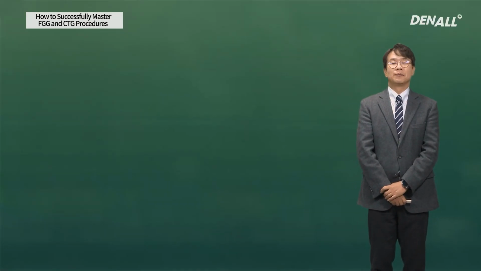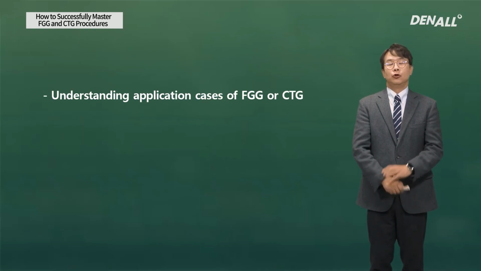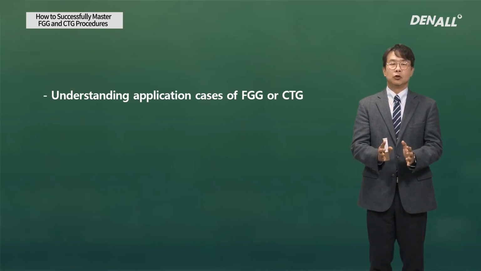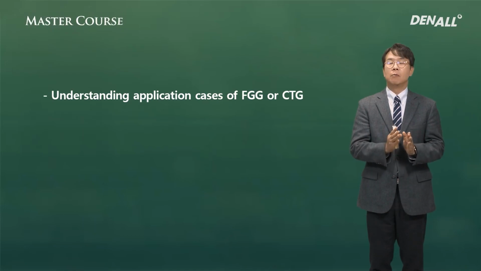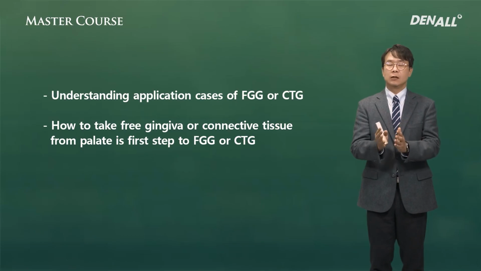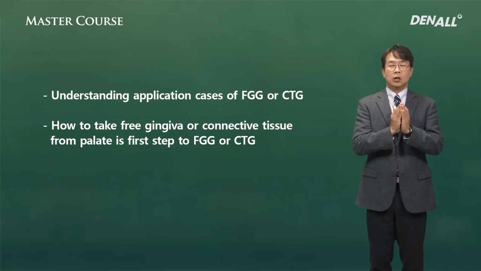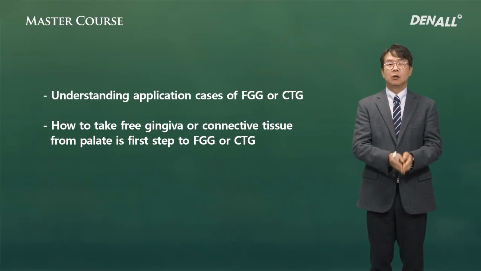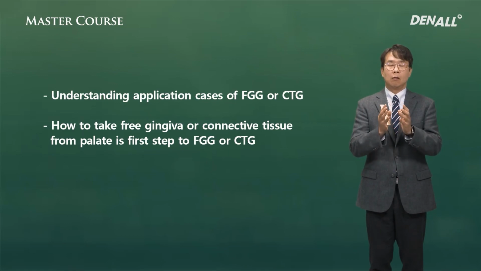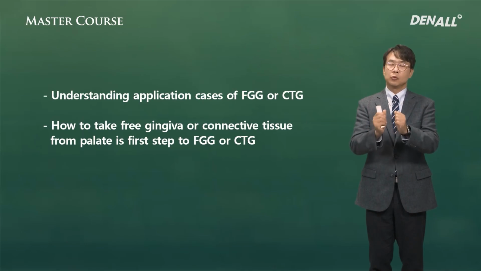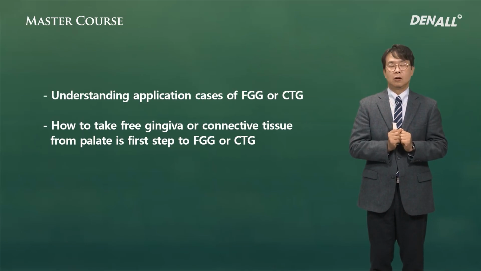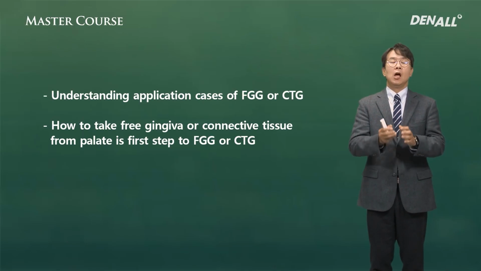Summary. We need to understand where free gingival graft or connective tissue graft can be applied. After that, we need to select the procedures. The procedures start with taking free gingival or connective tissue graft from palate.